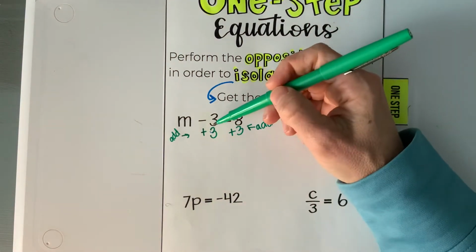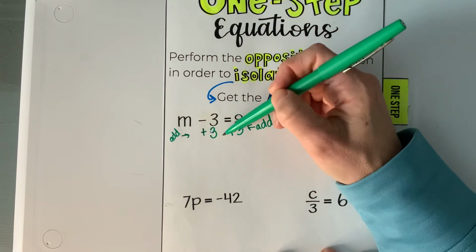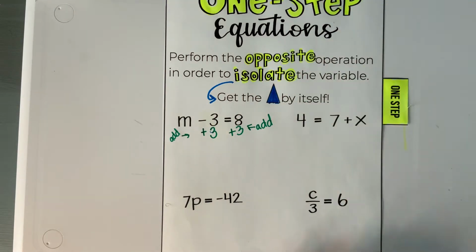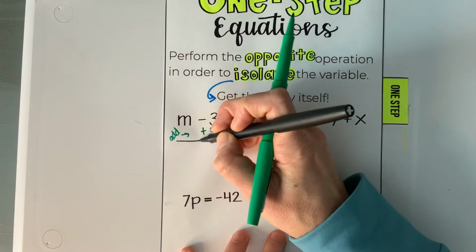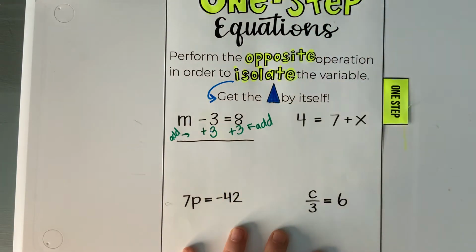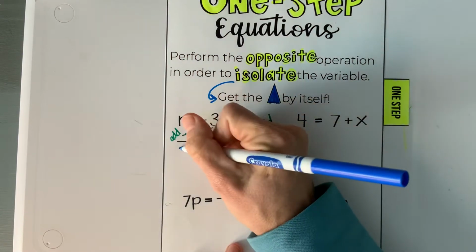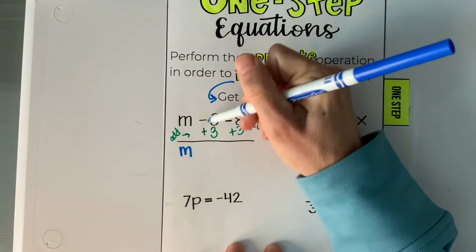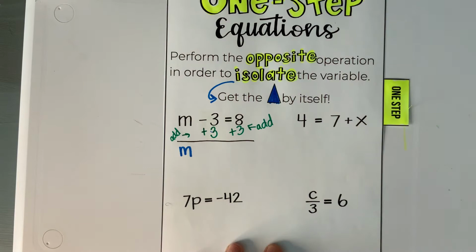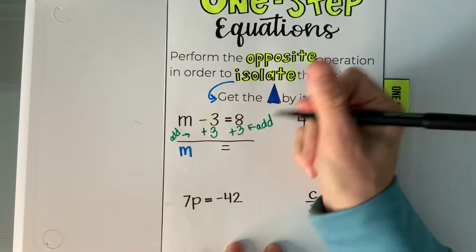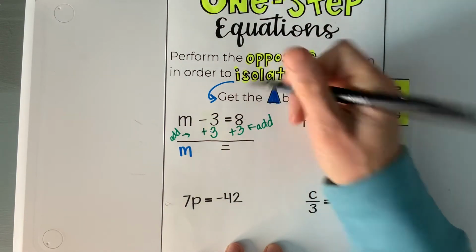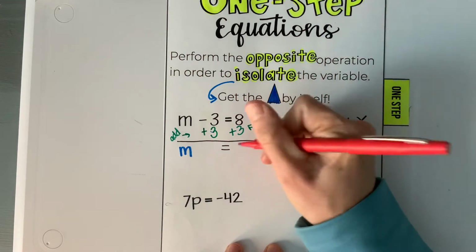So the minus 3 plus 3 would eliminate that term. They would cancel out, and what you're left with is you bring everything down. So you have an m, this now cancels out, is equal to, you have 8 plus 3, which is going to be 11.